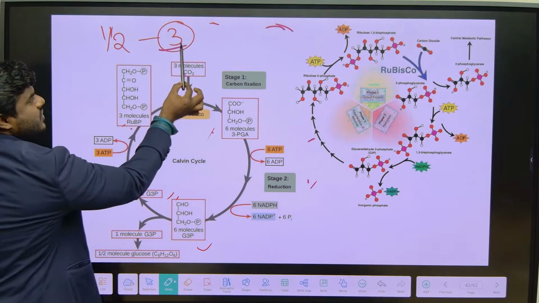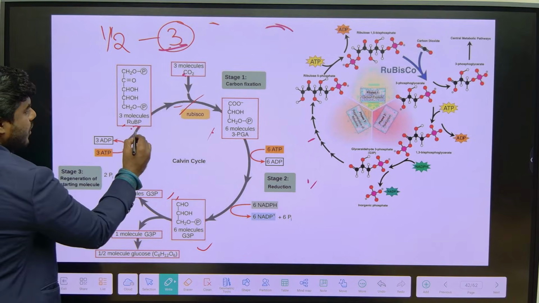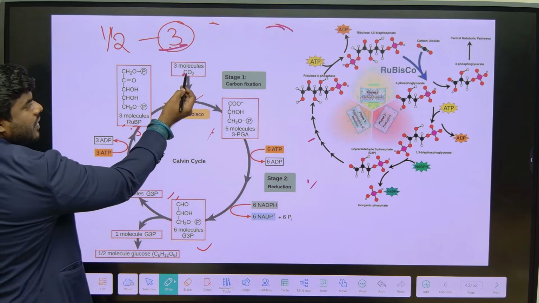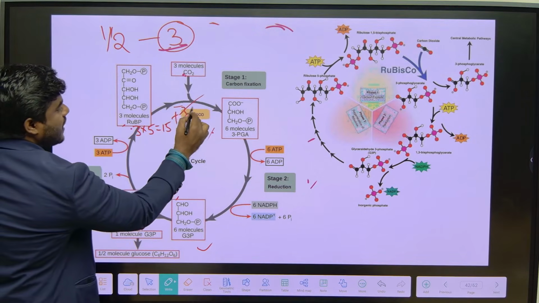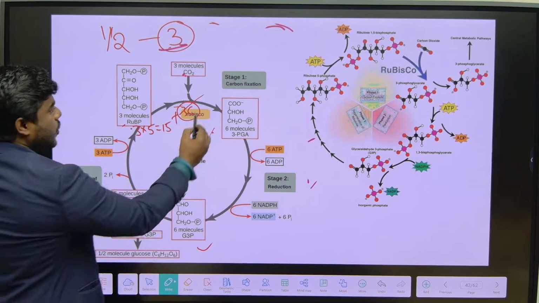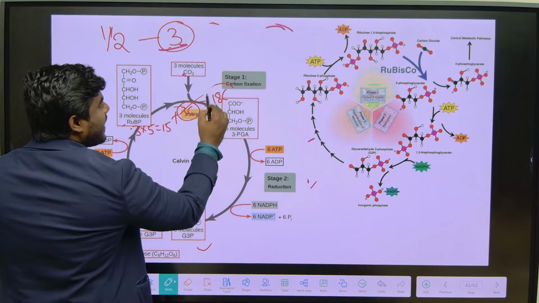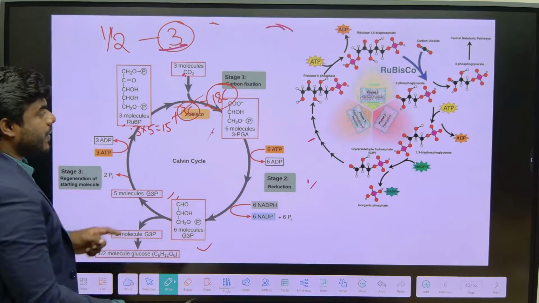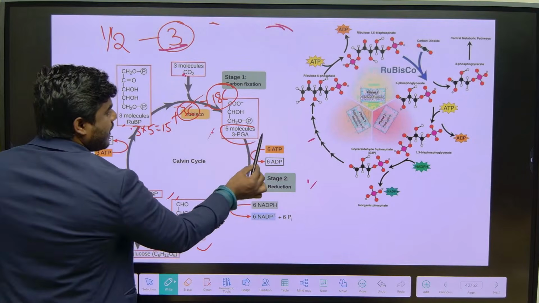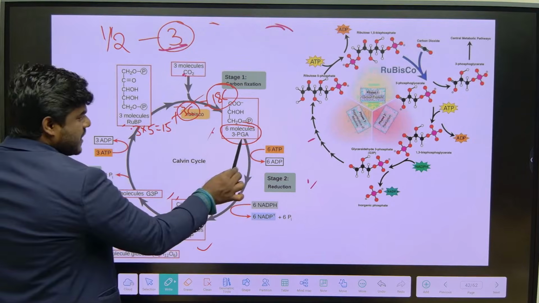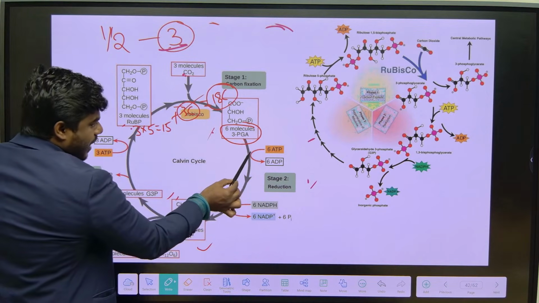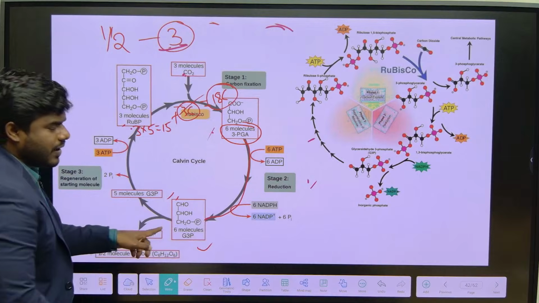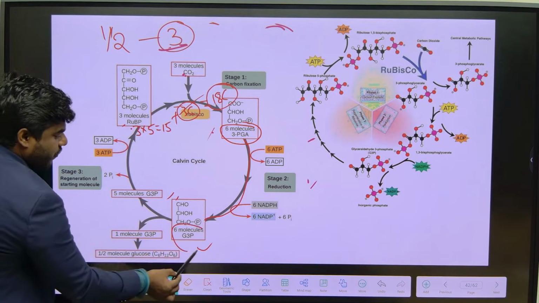Since the cycle is turning 3 times, 3 RuBP accept 3 carbon. 3 RuBP is 15 carbon, plus 3 carbon from the atmosphere, a total of 18 carbon, which is completely unstable. Hence it breaks down into 6 molecules of 3-PGA. Now the 6 molecules of 3-PGA, each one a 3 carbon compound with 1 phosphate, undergo the process of reduction and give rise to 6 molecules of G3P.